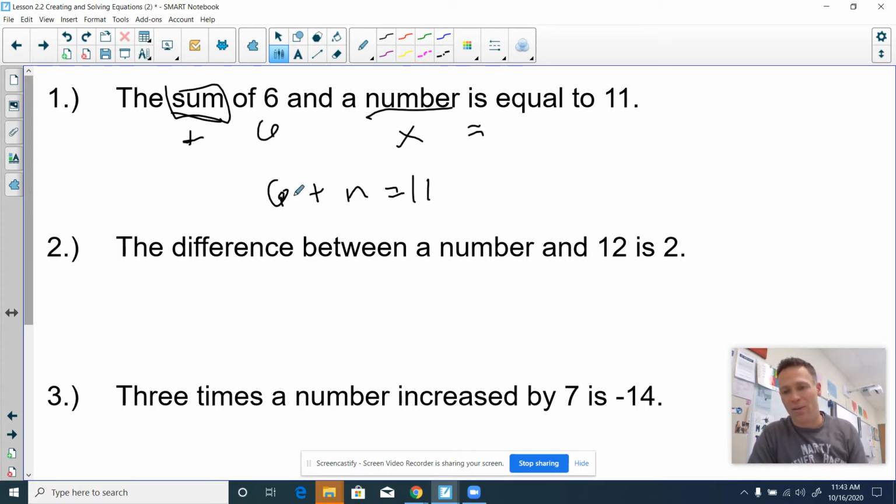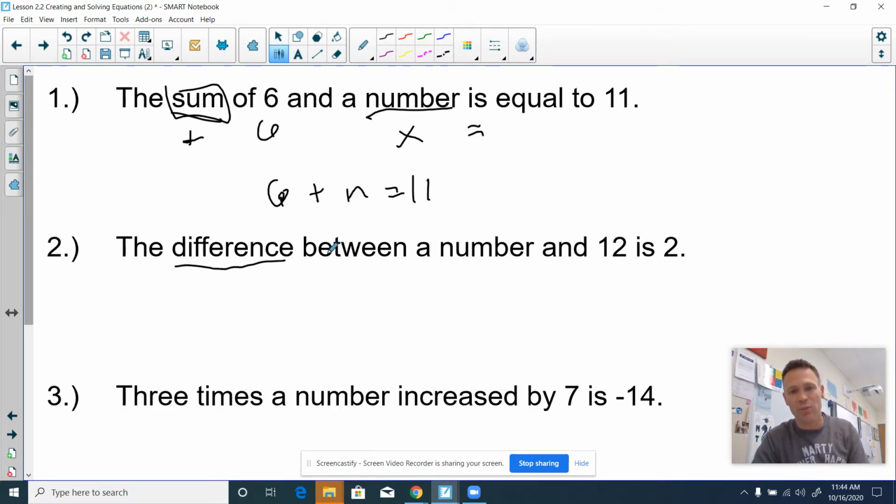Notice that when I add, we know this about addition, right? The order does not make a difference. And I mention that because now down here I have a difference, which means subtraction, and the order does matter. This one says the difference between a number and 12 is 2. Now, when you hear the word difference, whatever comes next has to happen in the exact order that it's stated, because in subtraction order matters.